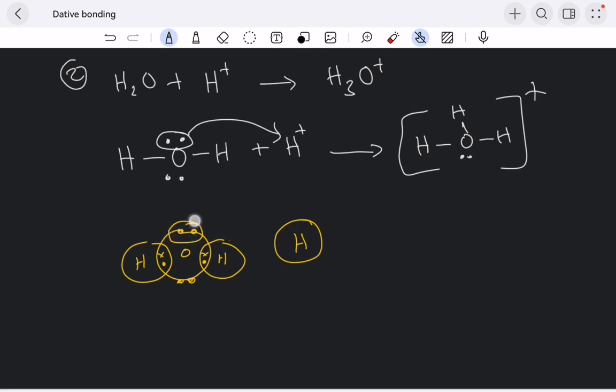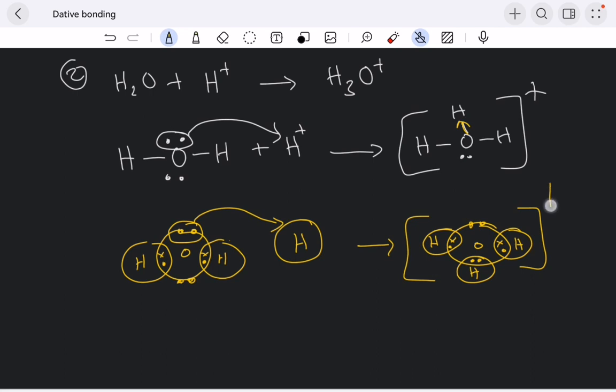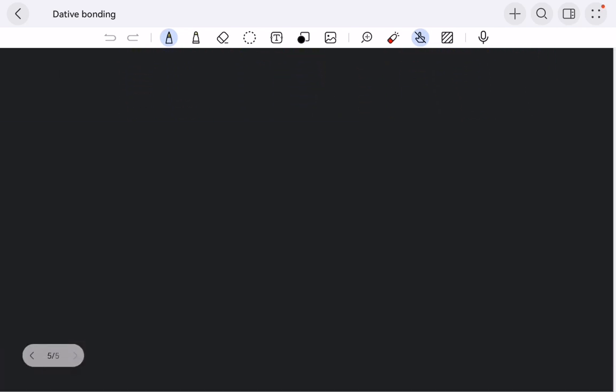So those pairs will be transferred to that, and then they'll share by forming something like that. So they'll share. So there we can indicate an arrow to show that it was shared electrons.